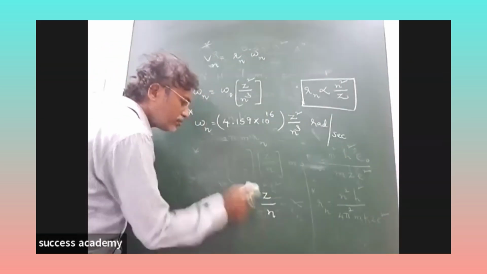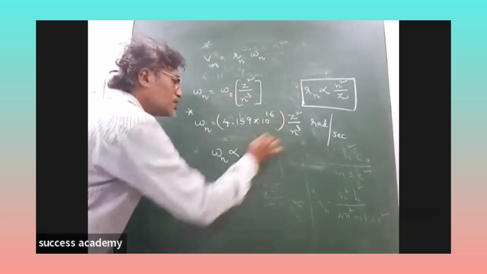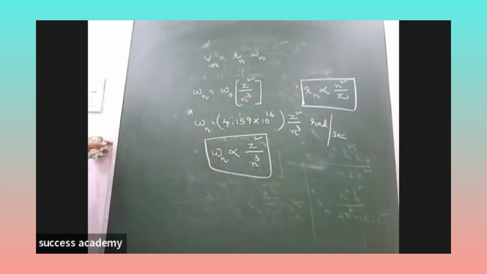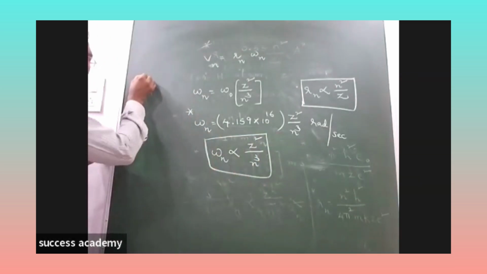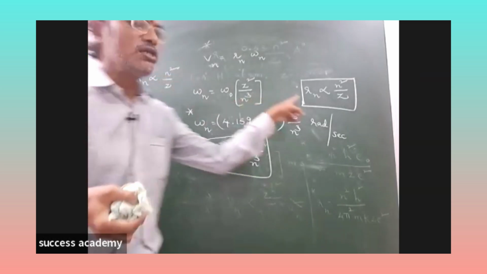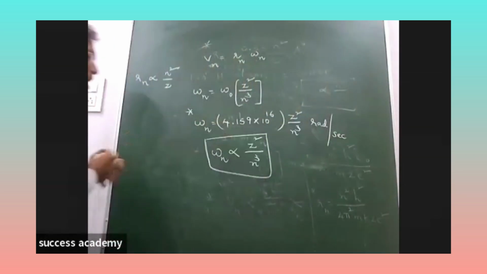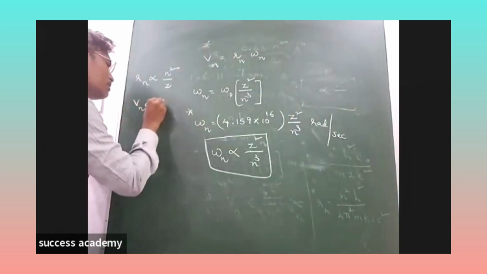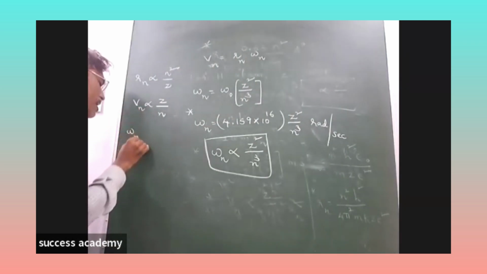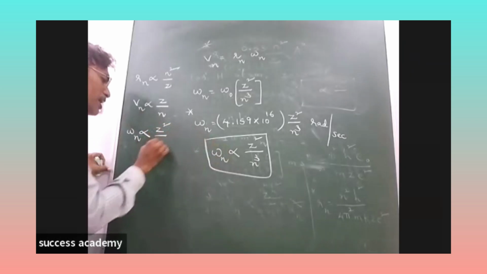With this, omega n is directly proportional to Z square by n cube. So now Rn is directly proportional to n square by Z, already on the board, and Vn is directly proportional to Z by n. Omega n is directly proportional to Z square by n cube.